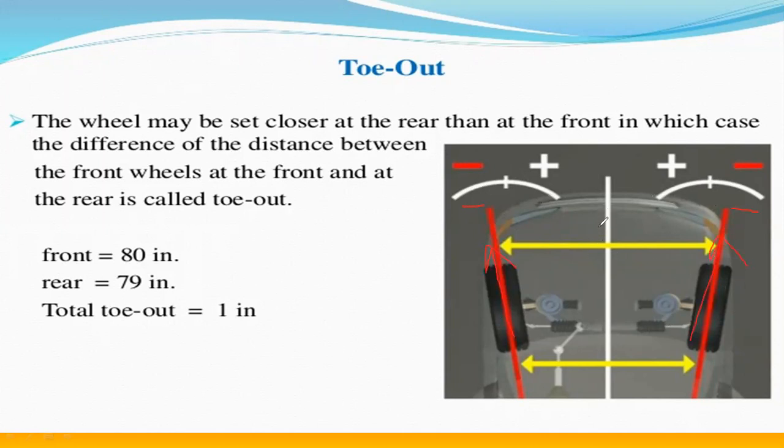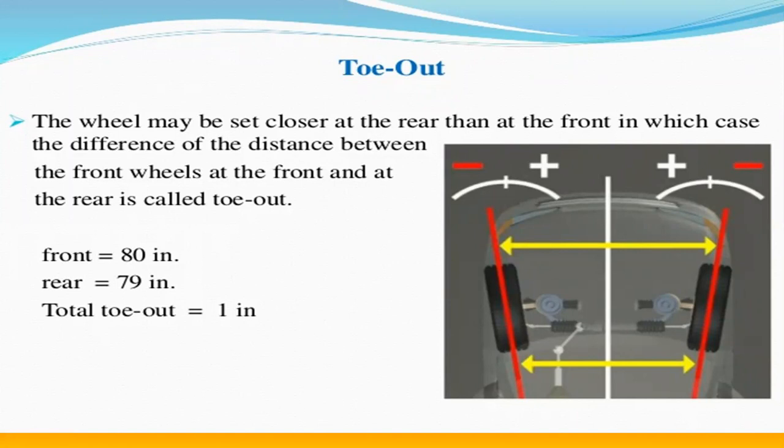So the front is 80 inches and the back is 79 inches. This difference between distances is called toe out. Okay, so that is toe in and toe out.